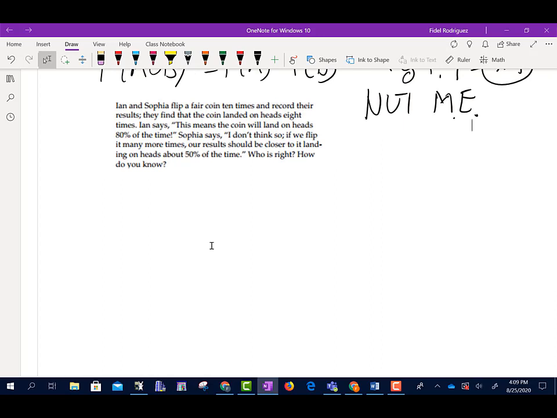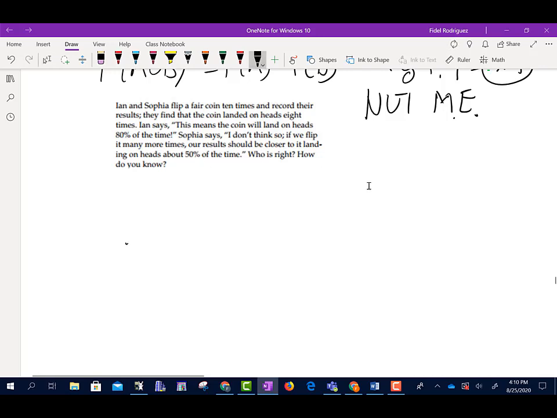All right, it says Ian and Sophia flip a fair coin 10 times and record the results. They find that the coin landed on heads 8 times. And Ian says this means the coin will land on heads 80% of the time. Sophia says, I don't think so. If we flip it many more times, our results should be closer to landing on heads about 50%. Who was right? How would we know?